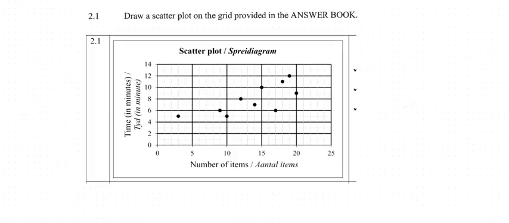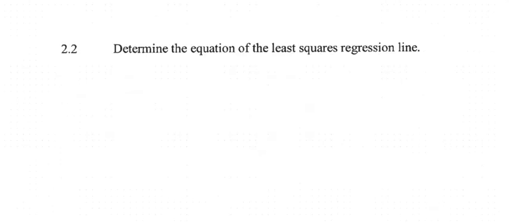Okay. So the next question is 2.2. Determine the equation of the least square regression line. The equation of the least square regression line is y equals a plus bx.